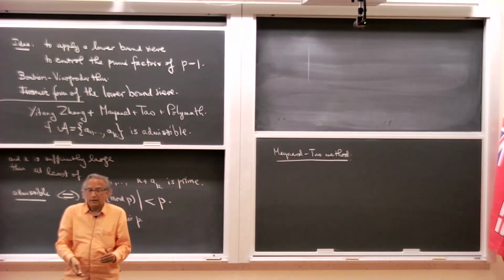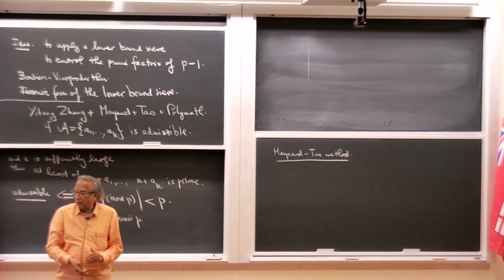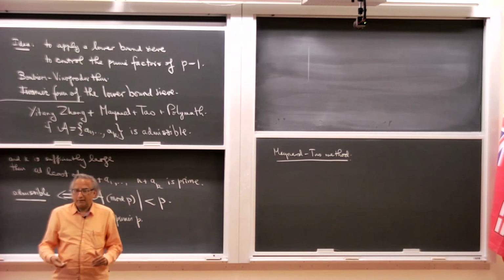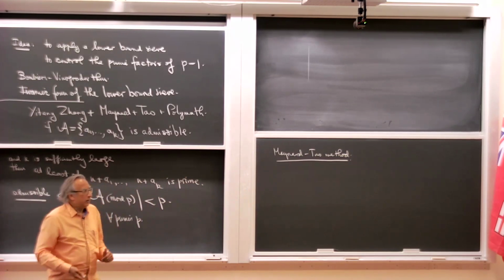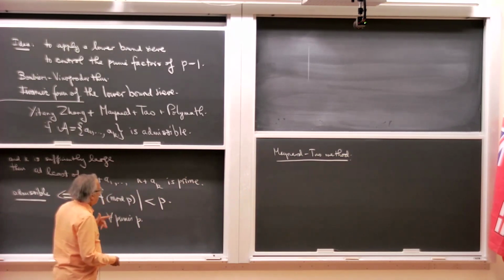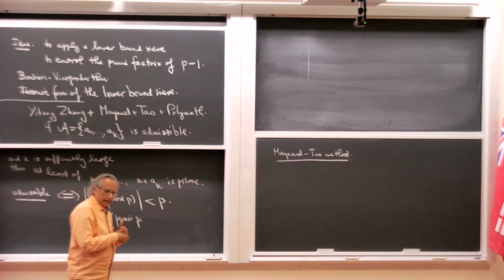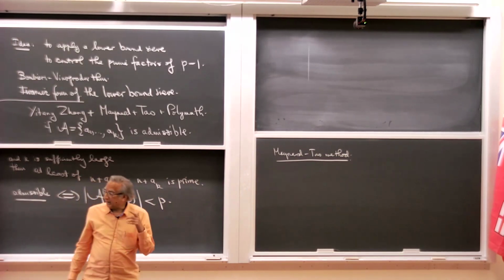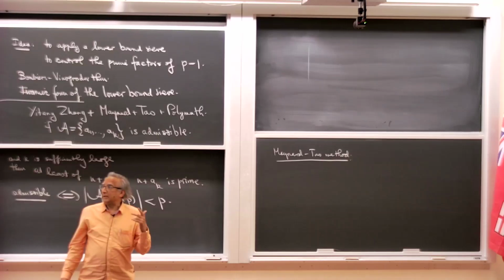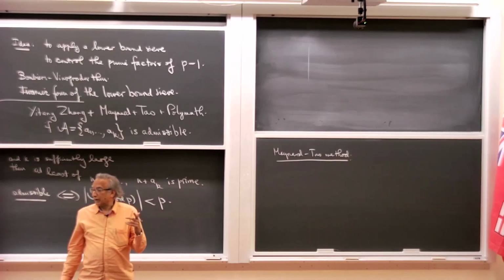Any exponent which is positive will work to give some sort of bounded gaps result. So the beauty of the Maynard-Tao method is that they eliminated the technicalities of the sieve, the Bombieri-Vinogradov theorem that you need. Any level of distribution which is positive works.